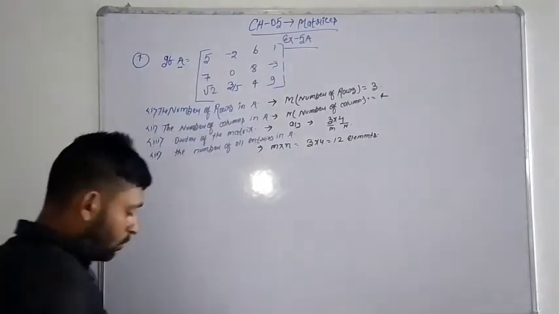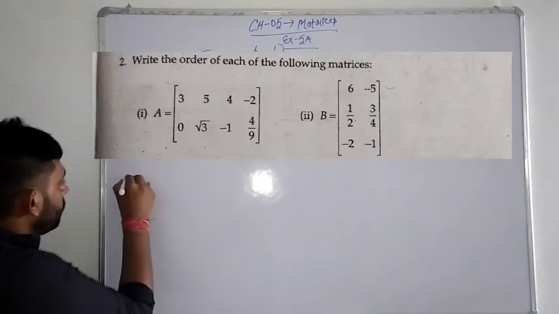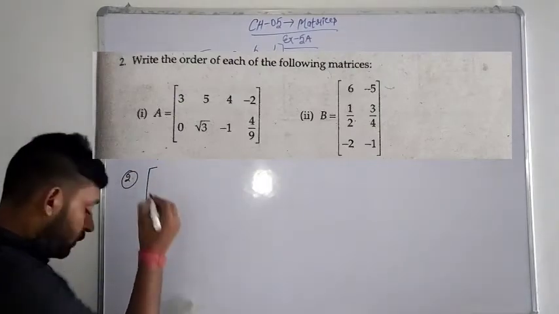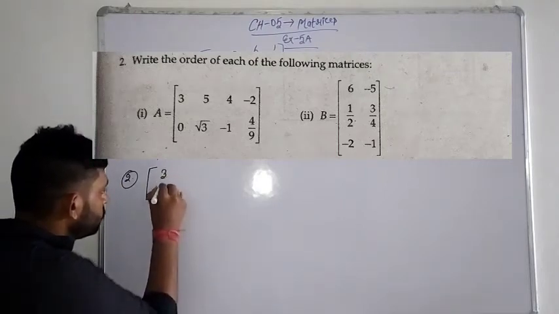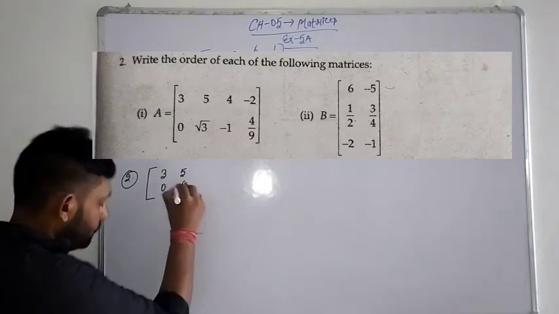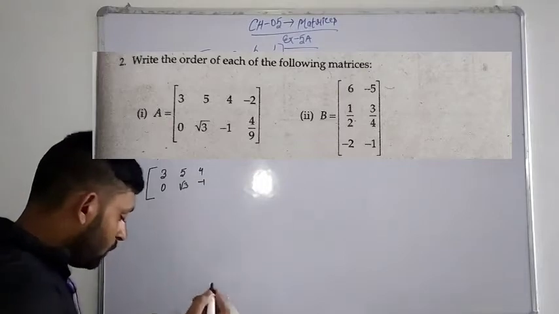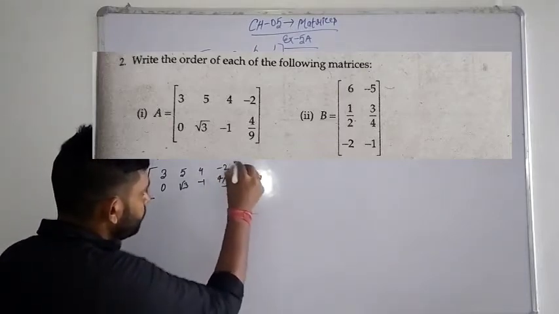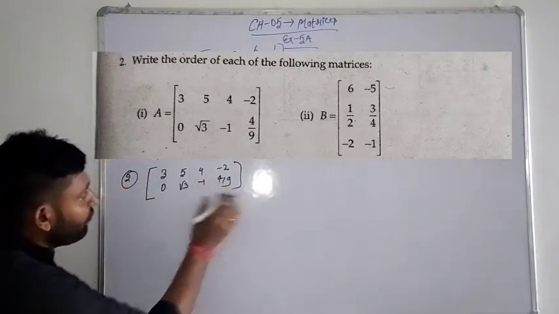Now we solve problem number 2. Here the given matrices are 3, 0, 5 root 3, 4, minus 1, minus 2, 4 upon 9. Here we have to write the order of the matrices.